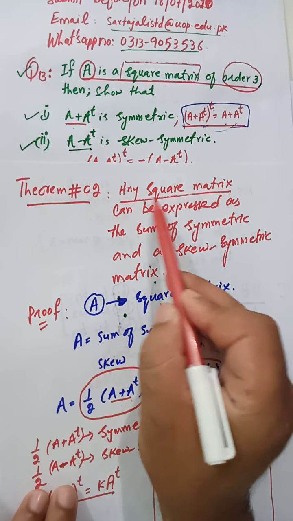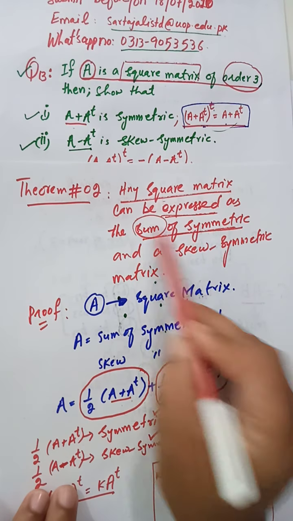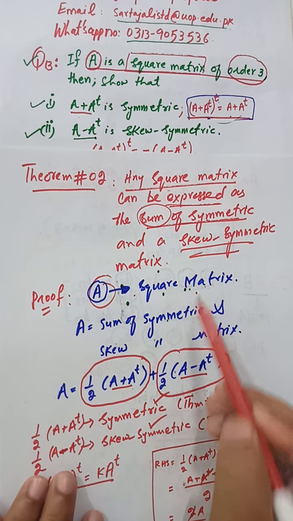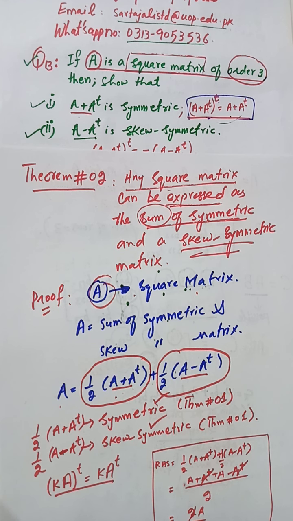If A is any square matrix, it is expressed as the sum of a symmetric and a skew symmetric matrix. So this theorem number 2 is not given in the textbook, but it is related to theorem number 1, and theorem number 1 is actually the generalized form of question number 13. In mathematics, we always think about general results.